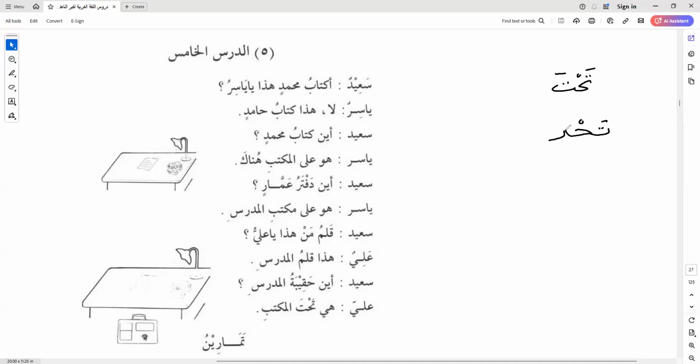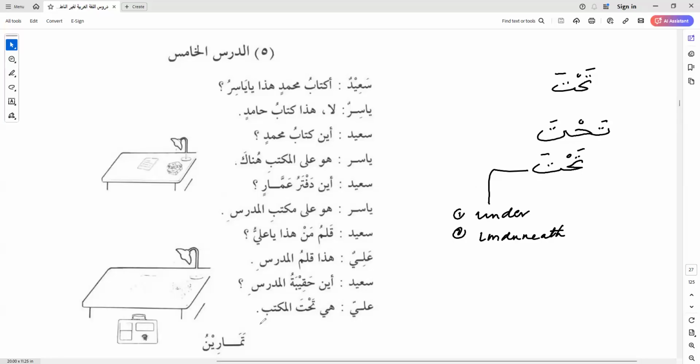So this is ta, tahta, under. Tahta can also be underneath. Anything that expresses under in English is tahta.